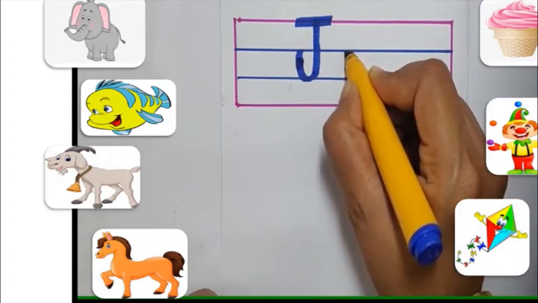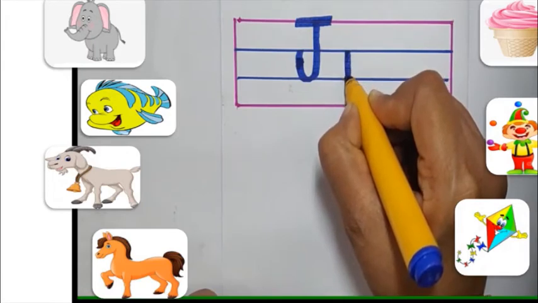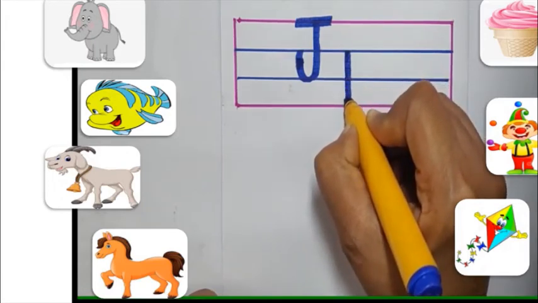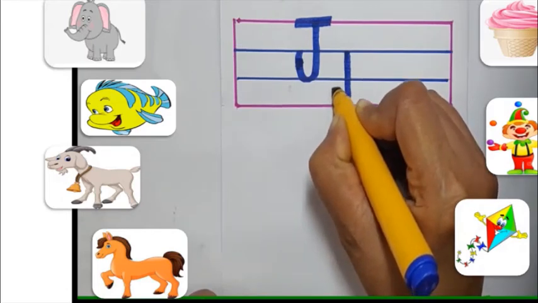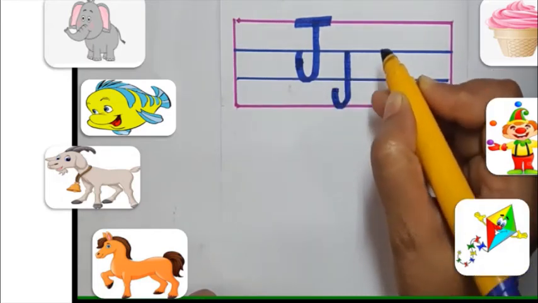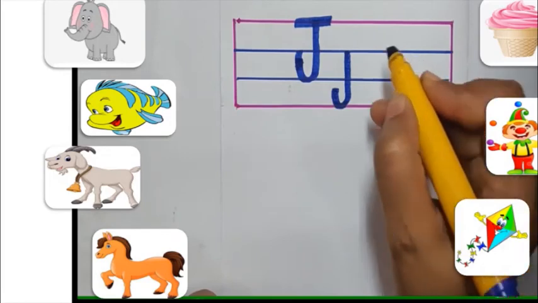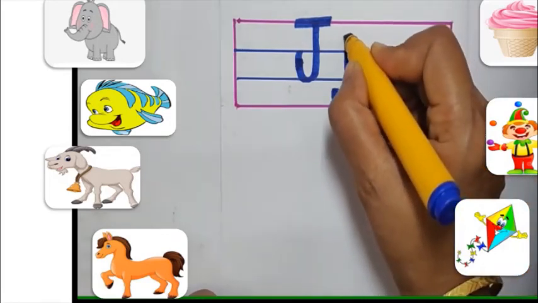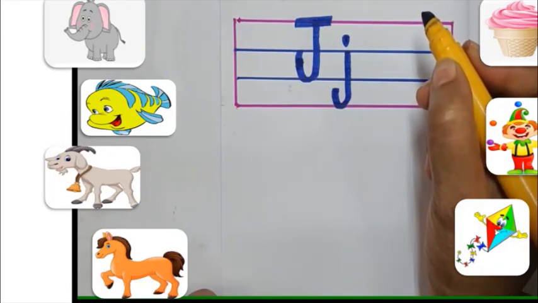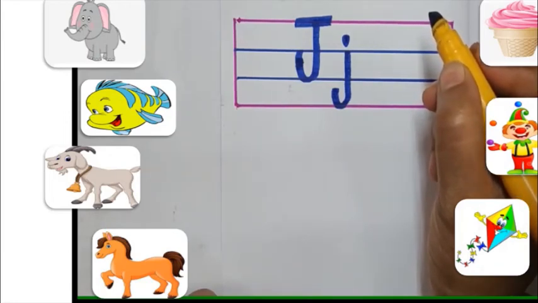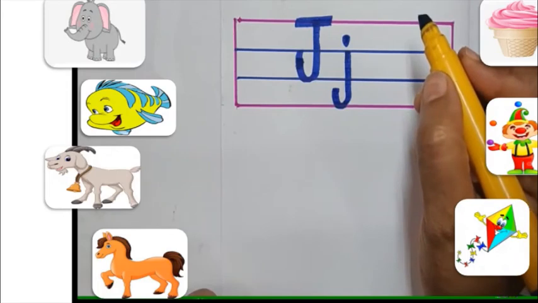Start from the second line towards the last line, bottom line, then similar curve as we have made in capital J. Draw a dot at the top of the line, that is your small j.